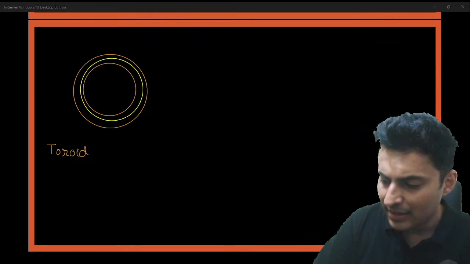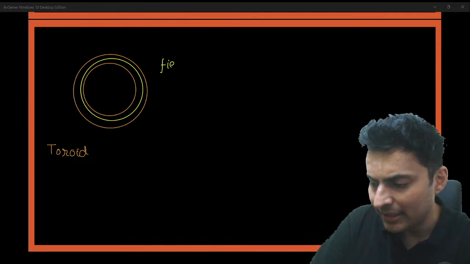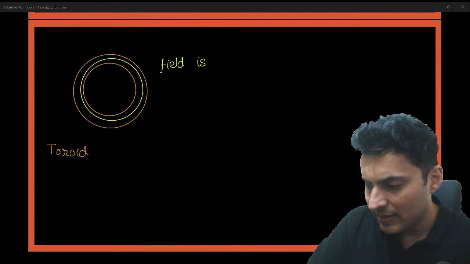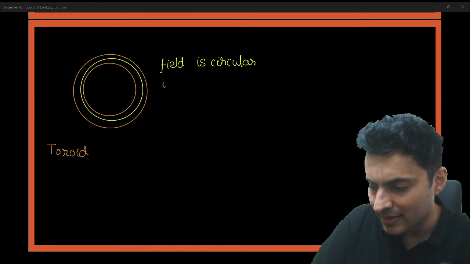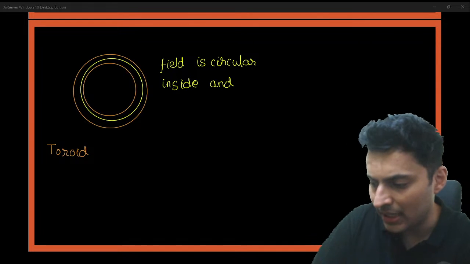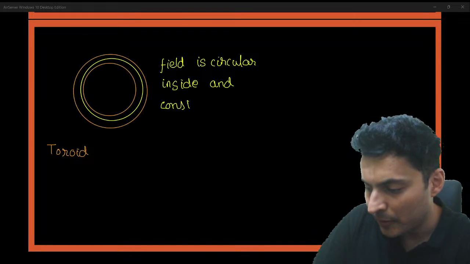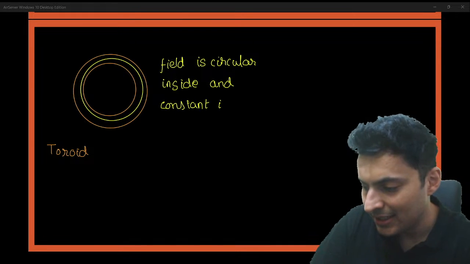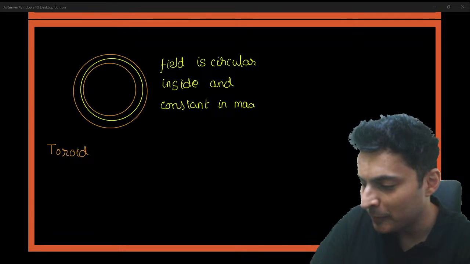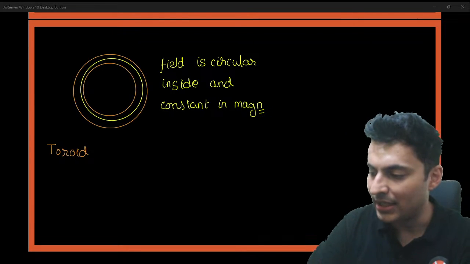Inside the toroid, the field is circular, and it is constant in magnitude. There is no change in that.